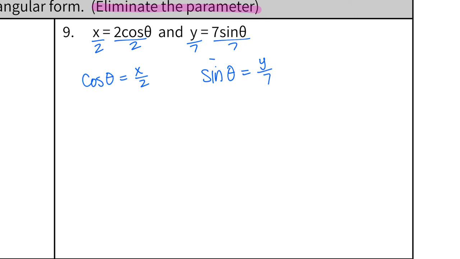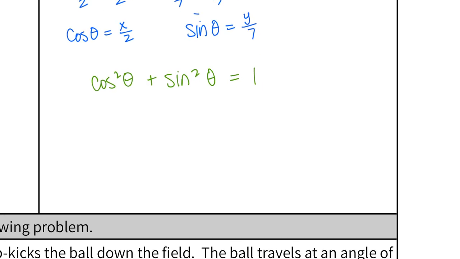Okay, so there is a trig identity that we used just a few minutes ago that says cosine squared plus sine squared equals 1. So I'm going to plug it into that identity. X over 2 squared plus y over 7 squared equals 1.